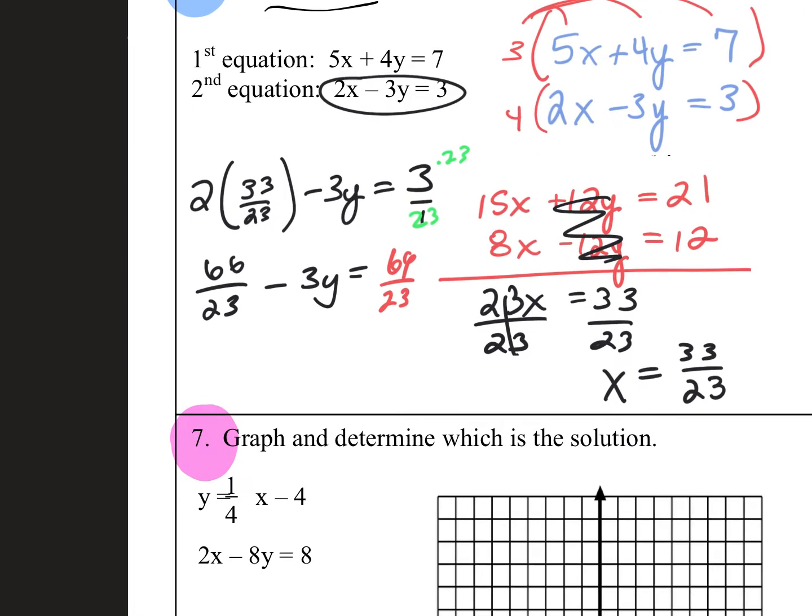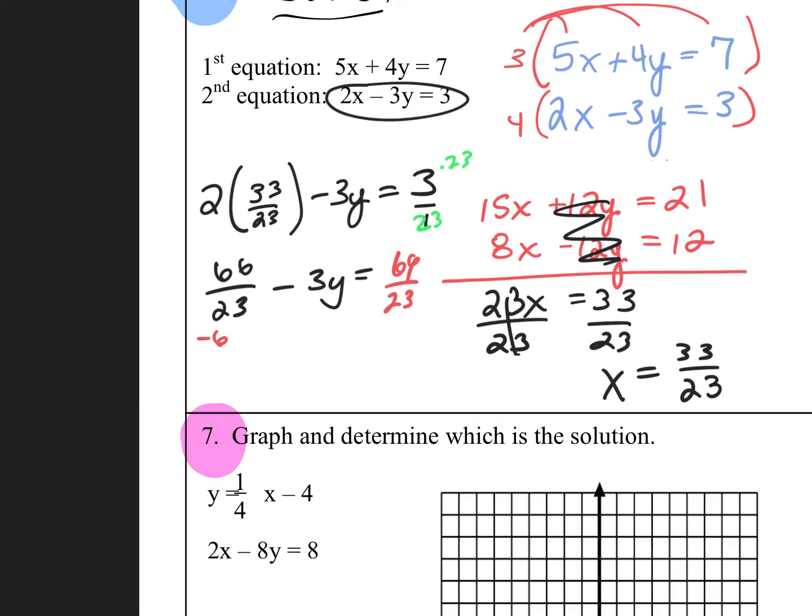So I want to get y all by itself. So we're going to subtract 66 over 23 from both sides. What's 69 minus 66? 3. So negative 3y equals 3 over 23, right? Now I want y by itself.